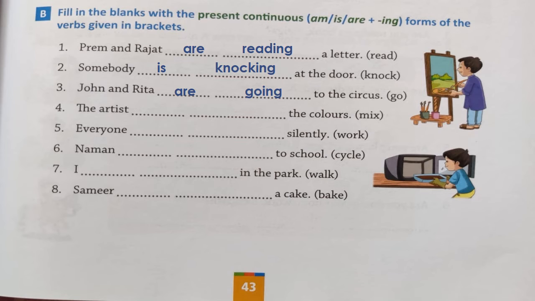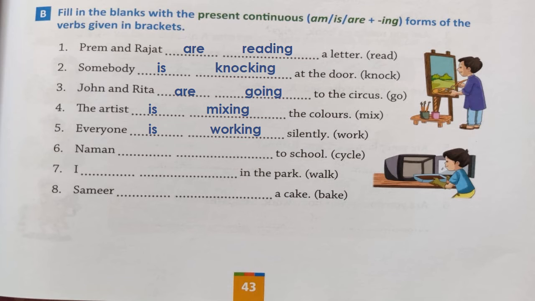And mix will become mixing the colors. Children, I hope you are understanding what we have to do. Next, number 5, everyone. Now you know, right? With everyone we use is. Is work will become working silently.